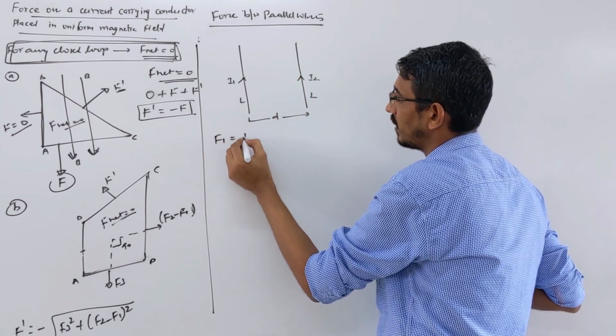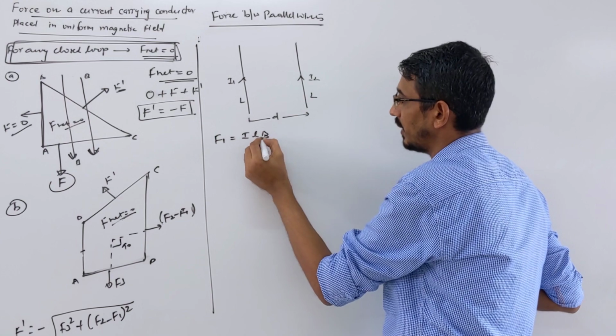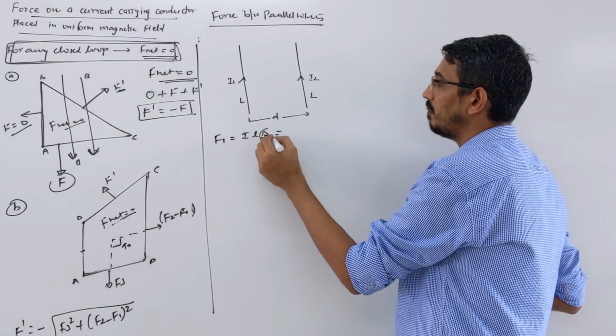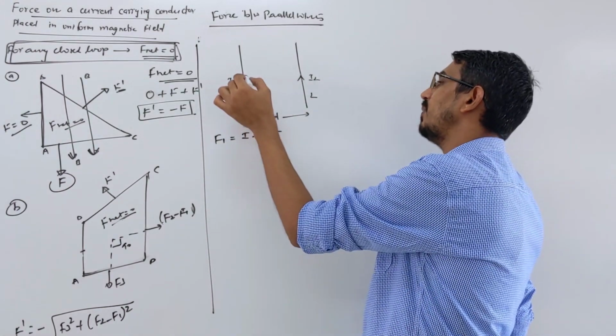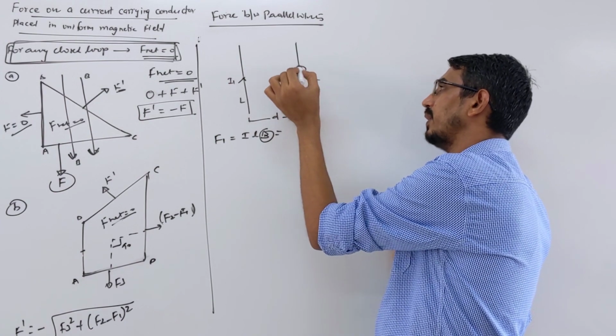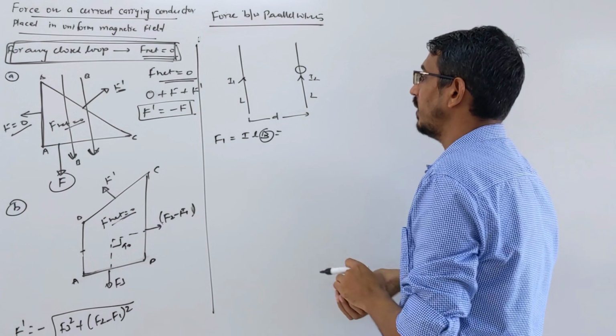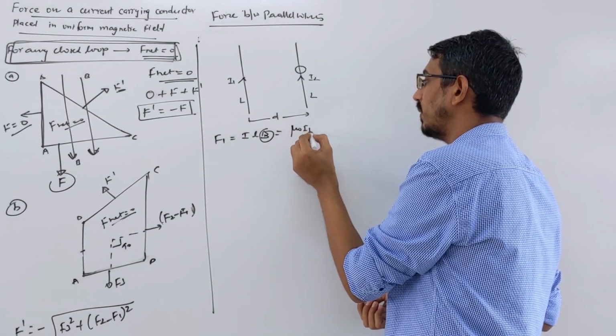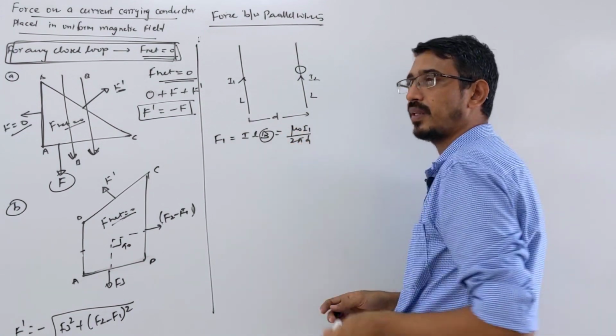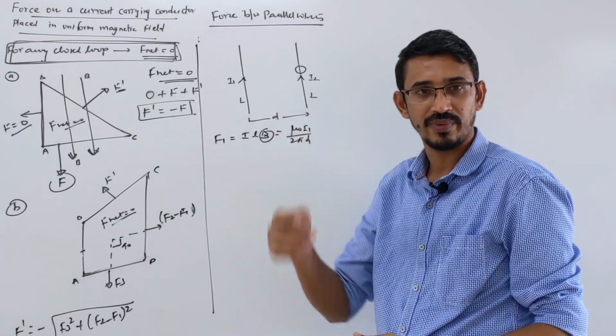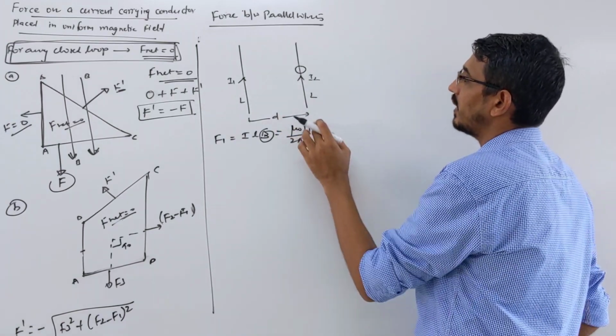Suppose F1 is what? I L B. This is the formula, right? B is the magnetic field produced by the other wire at this point. So what is the formula? Mu naught I1 upon 2 pi d, the magnetic field due to a long straight wire. Yes, this is the magnetic field at this point.